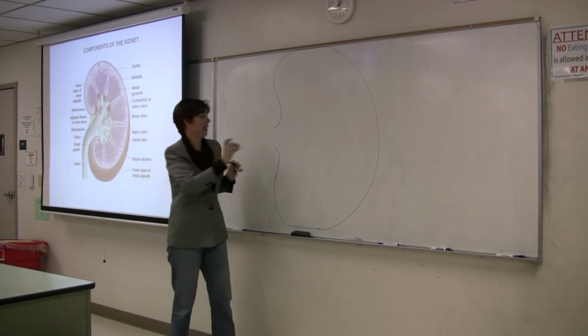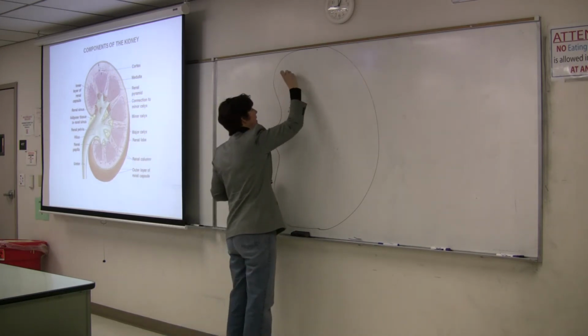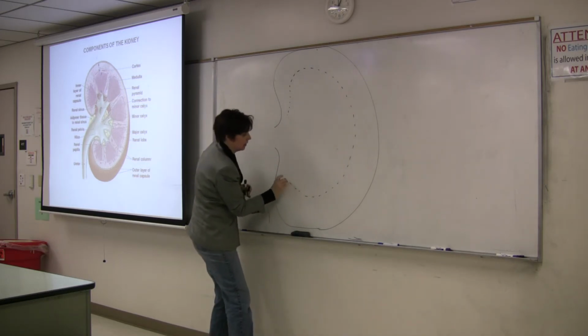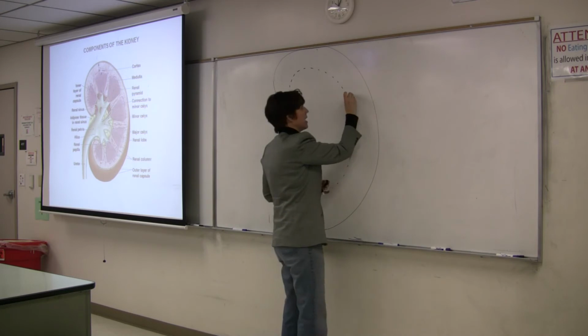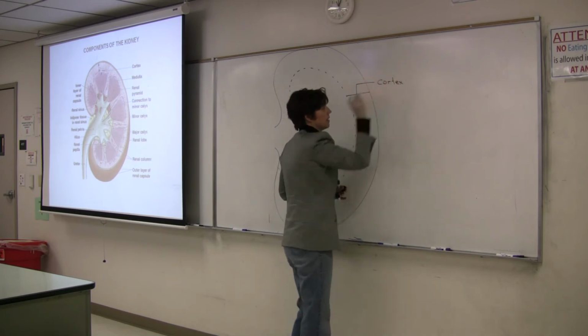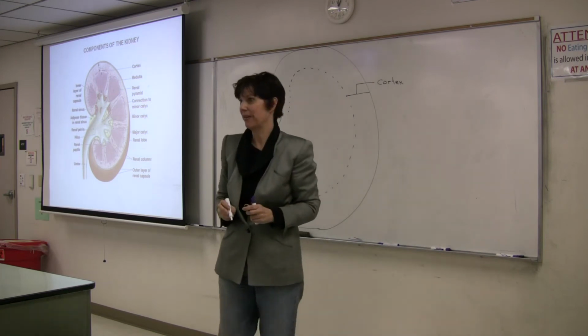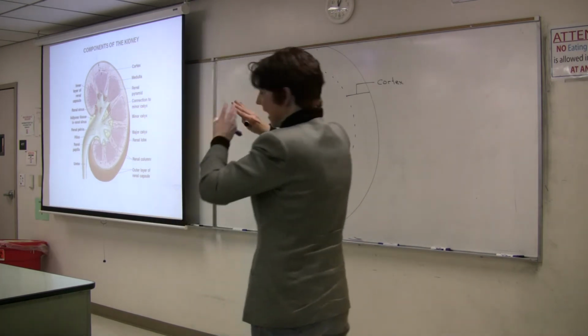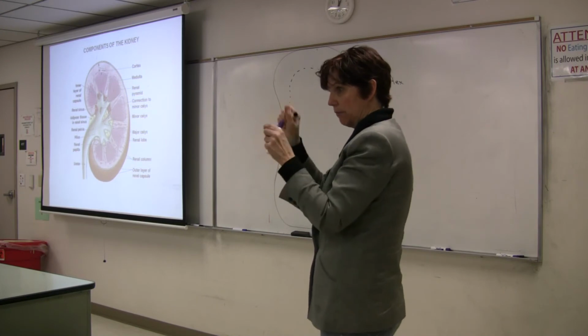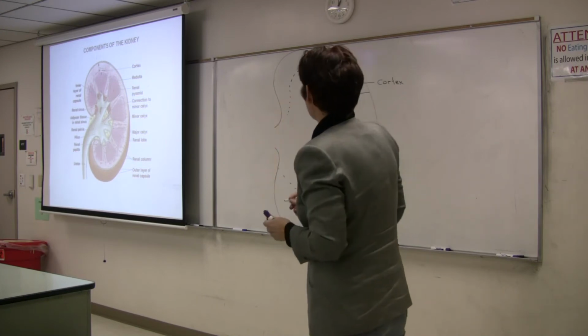I'm just putting it in here to help us. So this region here is known as the cortex, all right? There is a thin capsule of dense irregular connective tissue on the outside that is difficult to peel off.